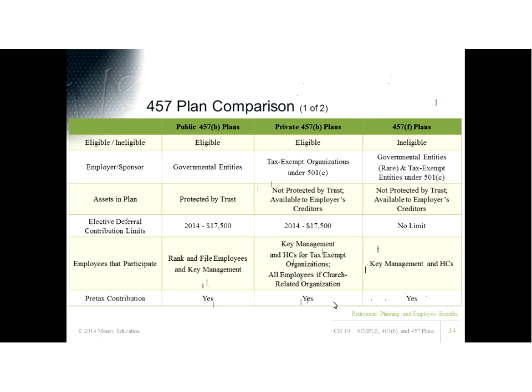For private 457(b) and ineligible 457(f) plans, you have to have the substantial risk of forfeiture, i.e., not in a trust.